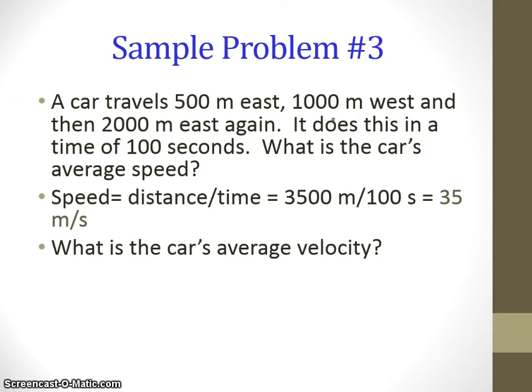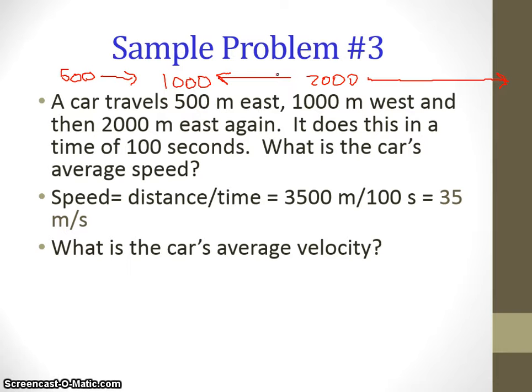And the reason why is because this car is moving 500 this way, then 1,000 back this way, then 2,000 this way again. Because they're opposite directions, we can't just add them up. We can only add those that are the same direction, and we subtract the one that's the opposite.